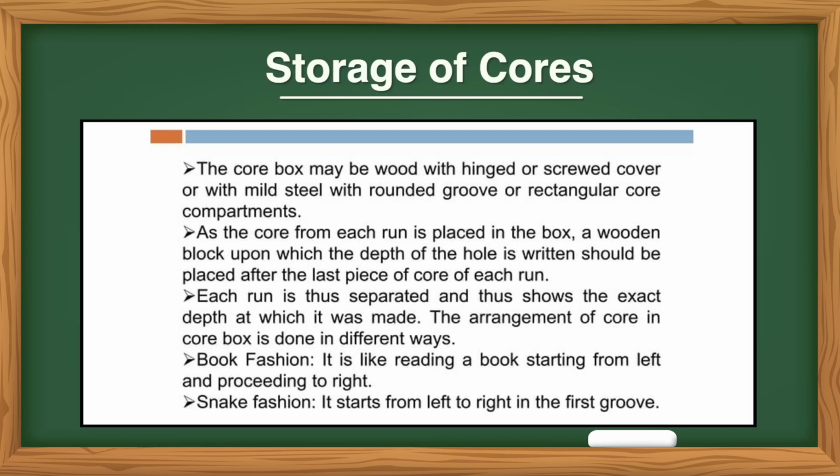The arrangement of core in the box is done in different ways. Book fashion is like reading a book, starting from left and proceeding to right. Snake fashion starts from left to right in the first groove.